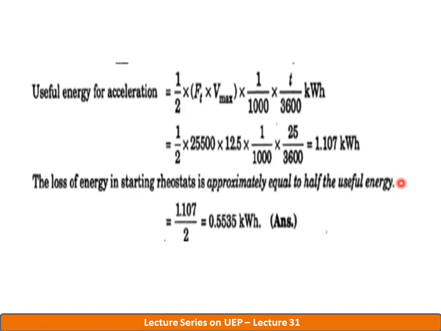So it is half into 25,500 into 12.5 into 1 by 1000 into 25 divided by 3600, 25 seconds converted into hours. Finally we got 1.107 kilowatt hour. The loss of energy in the starting rheostat is approximately equal to half the useful energy, so it is 0.5535 kilowatt hour.